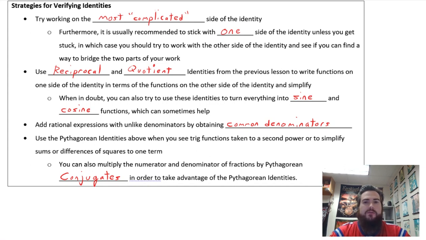If you happen to see fractions that involve two Pythagorean conjugates like that, you can then use its associated conjugate as a multiplication term for fractions in order to get to the Pythagorean identities. This is a very common concept and strategy that you will see demonstrated in many of the examples throughout Lesson 5.